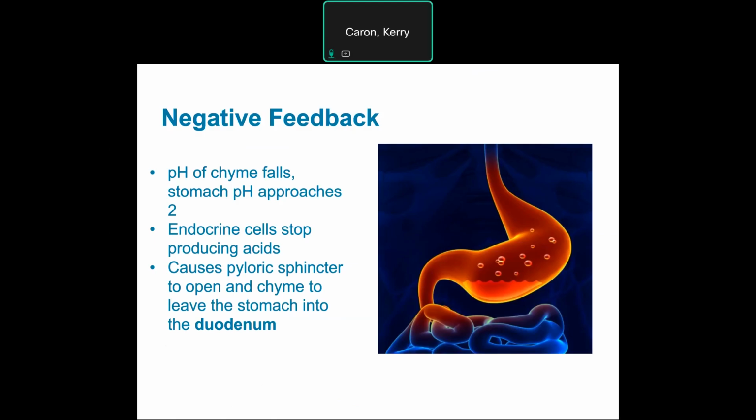It came to the stomach, and now it's about a 2. Very acidic. The endocrine cells stop producing acid. And what happens is this change in pH, this regulatory change, causes the pyloric sphincter to open. And now the chyme will leave the stomach and enter the duodenum, which is the first section of the small intestine.